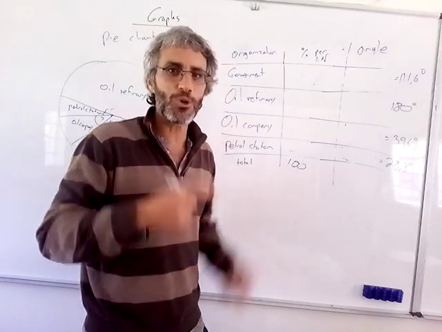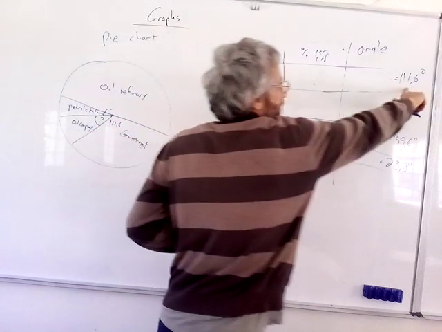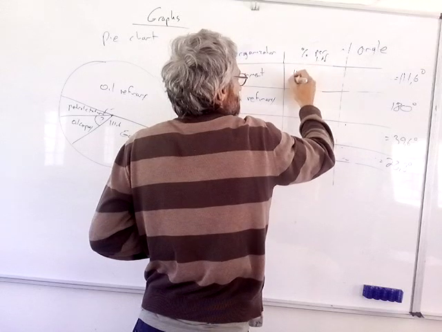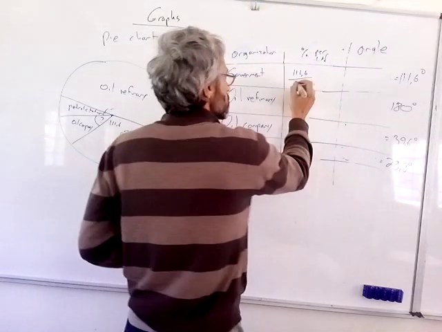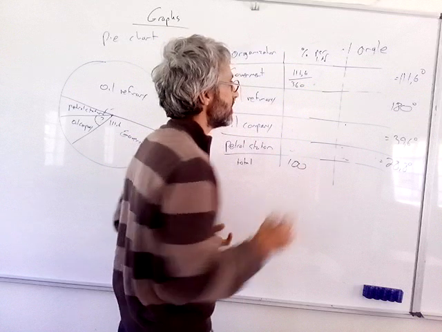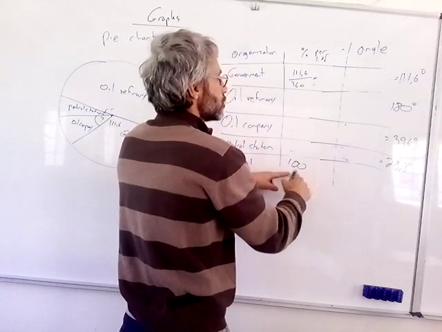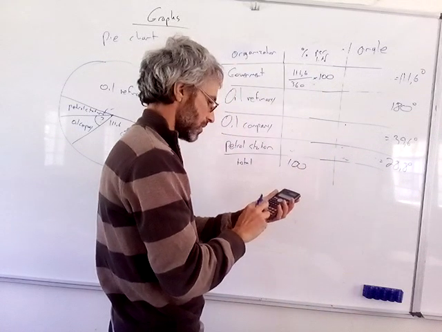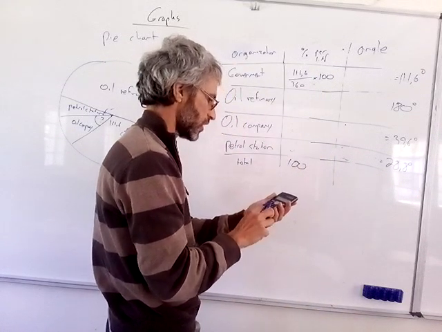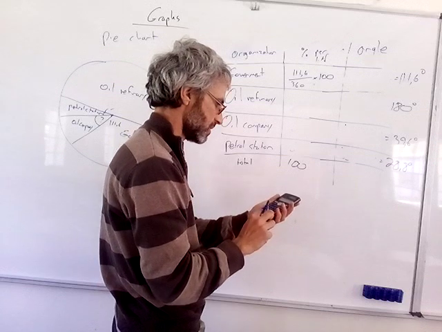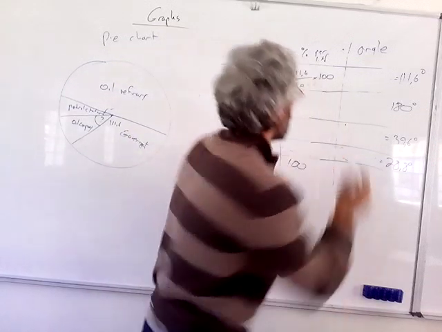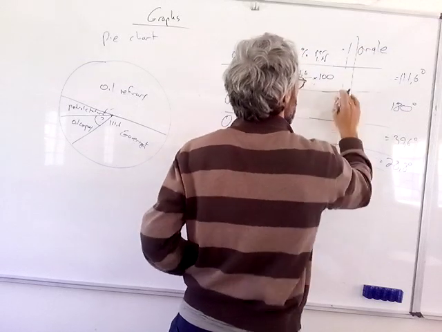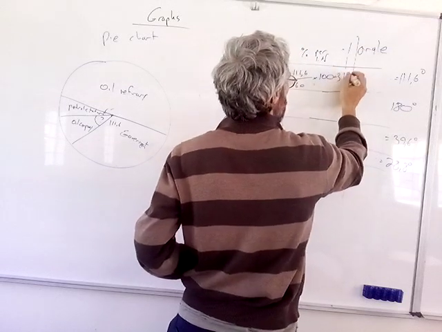Okay? Well, what we're going to do is do it in reverse. So if I've got the angle, 111.6, I'm going to say, okay, 111.6 divided by the total amount of angles, which is still 360, it's always going to be 360, and I'm going to times it by the total amount here. So if I do 111.6 divided by 360, times 100, what I'm getting is 31%.